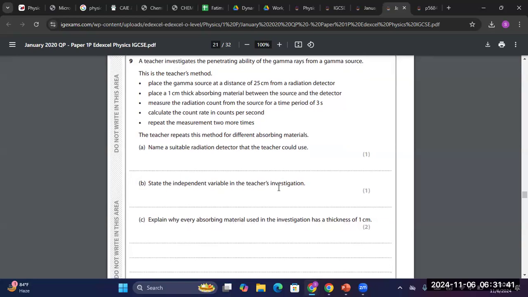Explain why every absorbing material used in the investigation has a thickness of 1 centimeter. Shreya, can you tell me why every absorbing material that we're using has the same thickness, that is 1 centimeter?